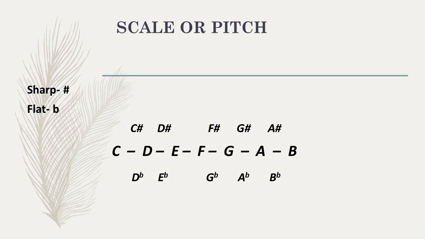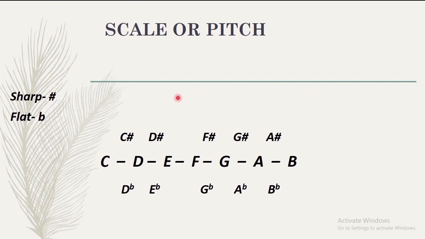So there are different scales in Indian music, and according to the modern denotations, the scales are written here: C, C sharp, D, D sharp, E, F, F sharp, G, G sharp, A, A sharp, and natural B, and the cycle continues again and again.